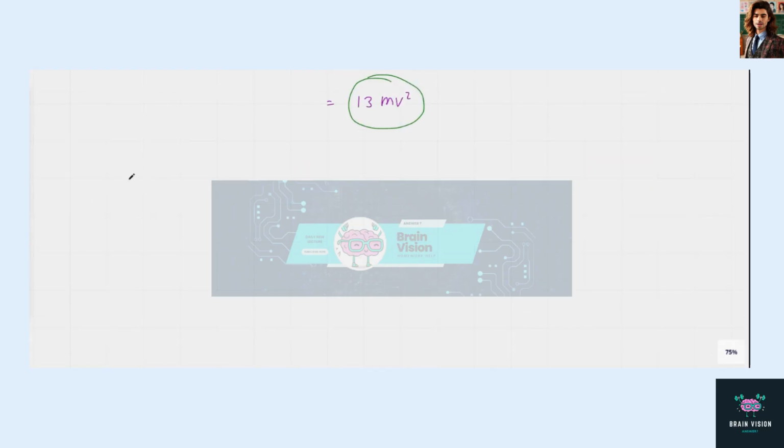Now the angular momentum about point O is by definition the sum of the position vectors crossed with the momentum vectors of each particle, so ri cross mi vi.